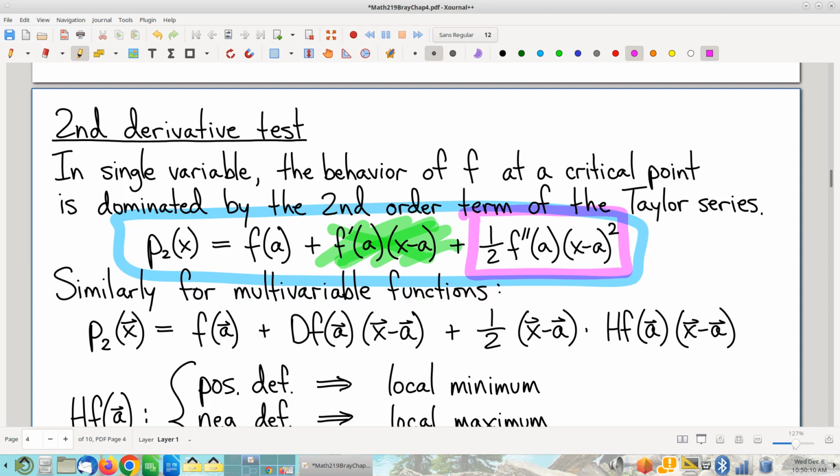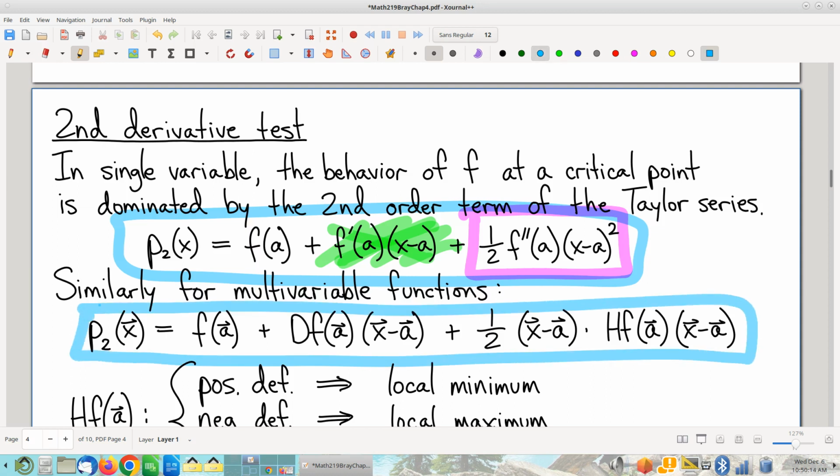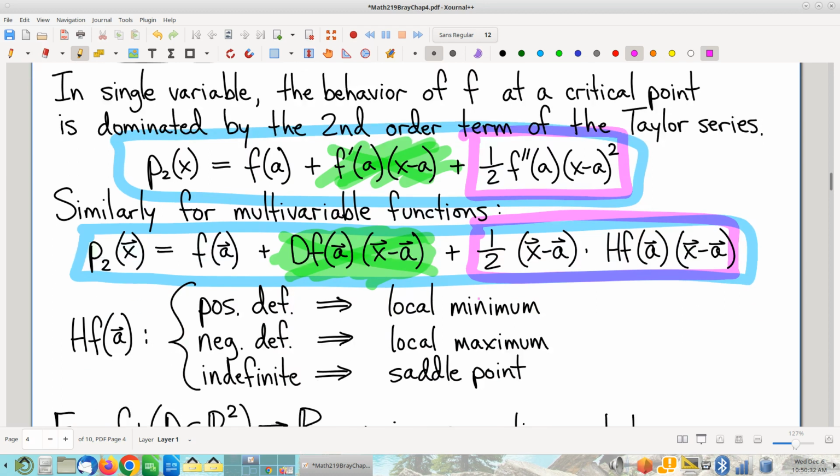And something very similar works down here. Here is our second degree Taylor polynomial. We'll again consider a case where we're looking at a critical point where the derivative is 0, in which case that term goes away. And again, it boils down to just figuring out when this expression is always positive or always negative.